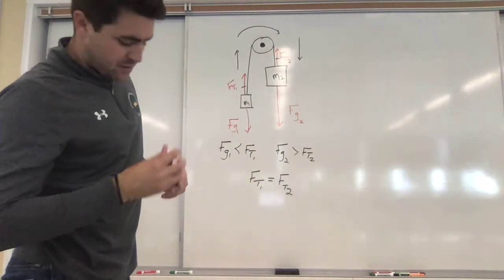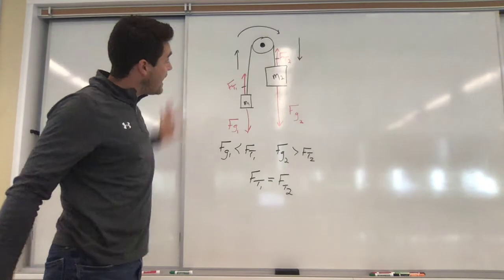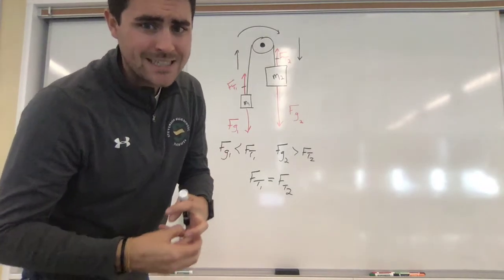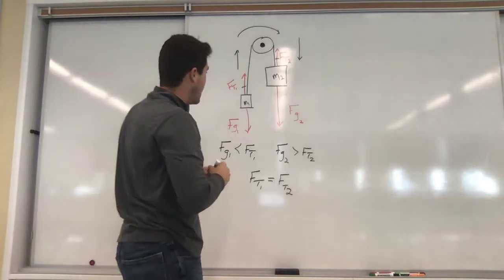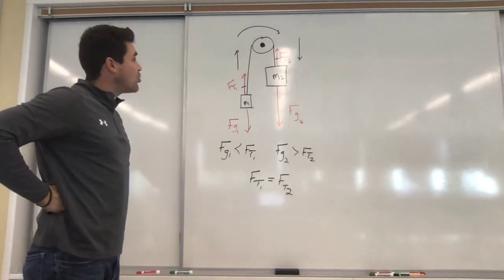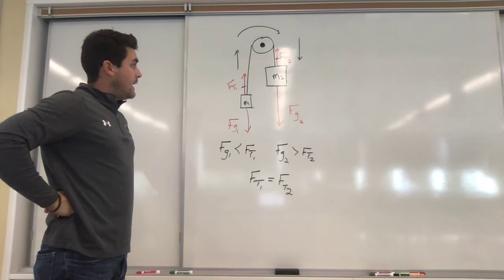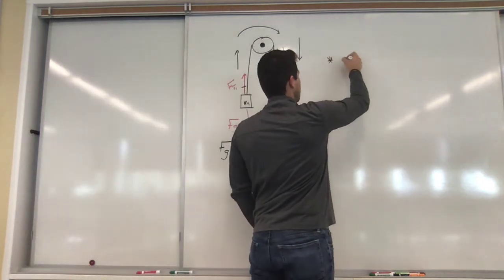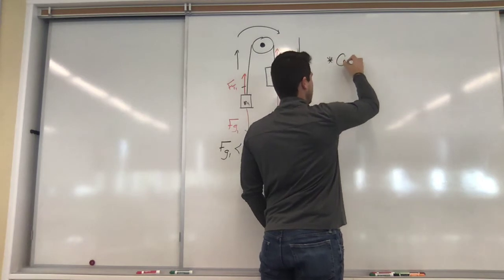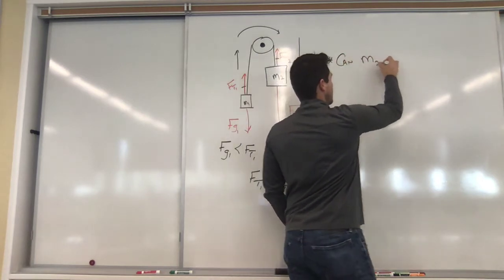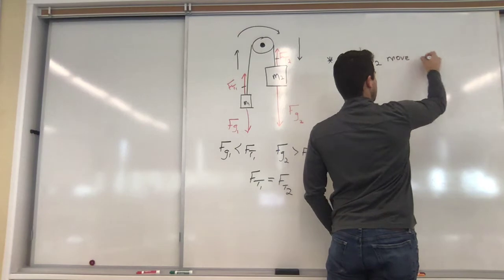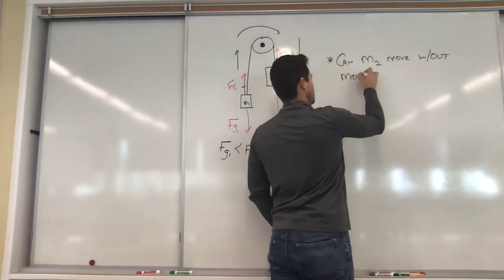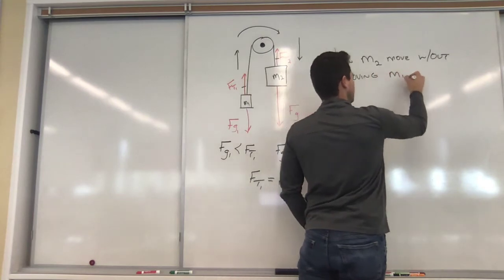Let's start answering some of these big idea questions now that we have all of this here. Hopefully you have enough information to answer these questions, but let's see. The first question is, how does the acceleration of M1 and M2 compare? Well, here's a big idea, or a big question, right? Can M2 move without moving M1?